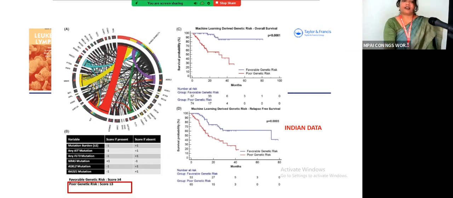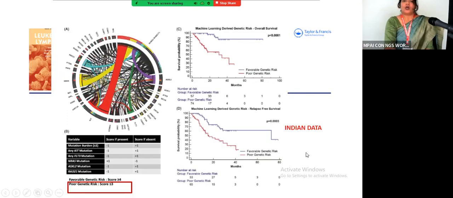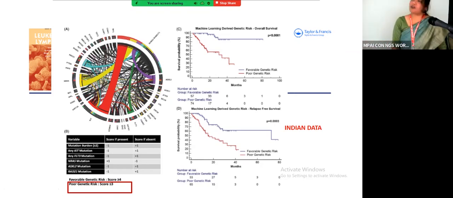Our case will also have a high score. Clearly, these patients with multiple mutations had poor overall survival as well as relapse-free survival compared to the ones with no mutations on NGS.